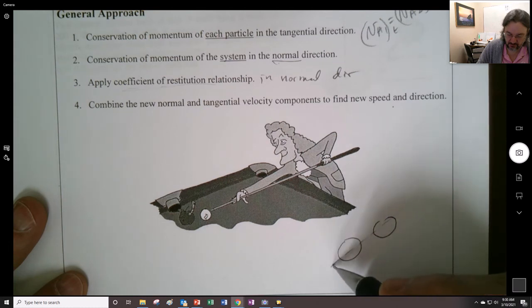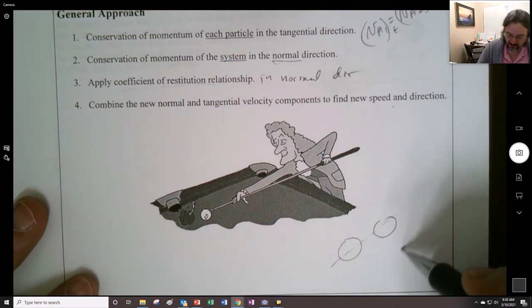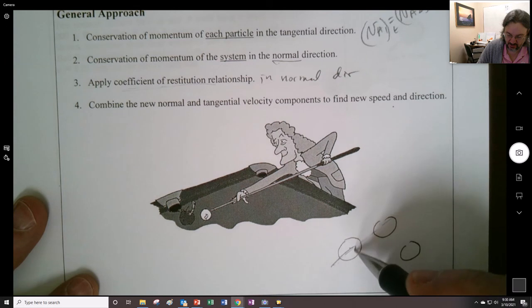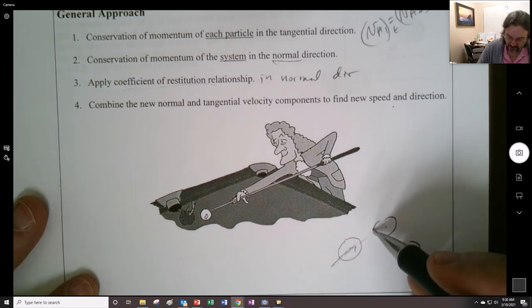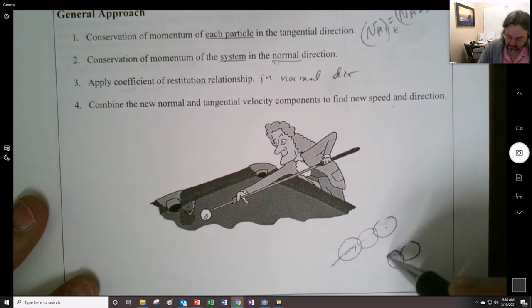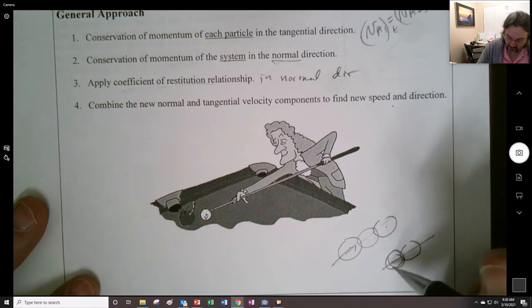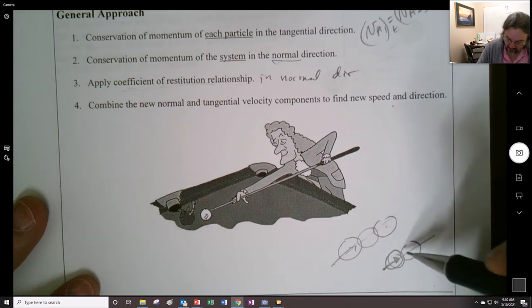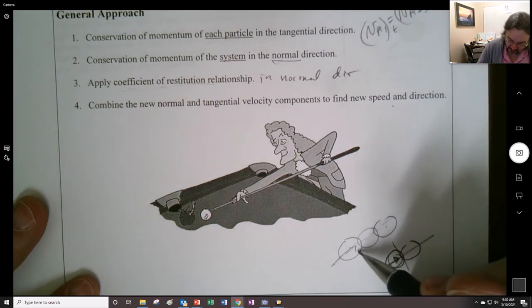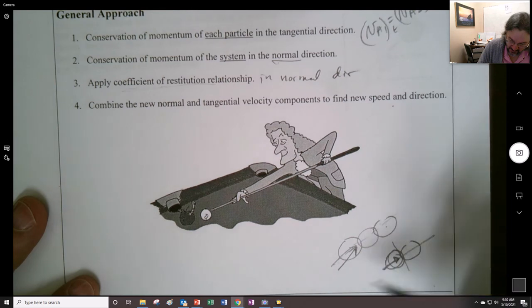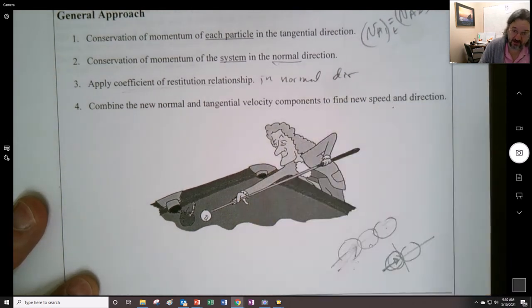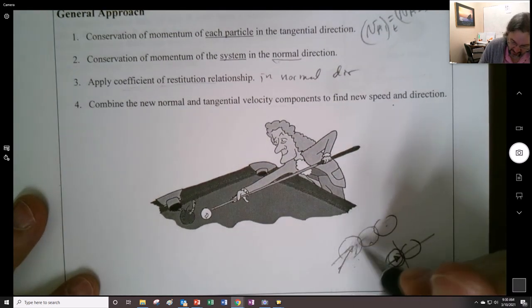When one ball is traveling to this one, what you're going to find is when it touches right here, there's going to be a component. I didn't draw this very well, but let's say that it's coming up this direction with a velocity up. I think a better example is something like this.